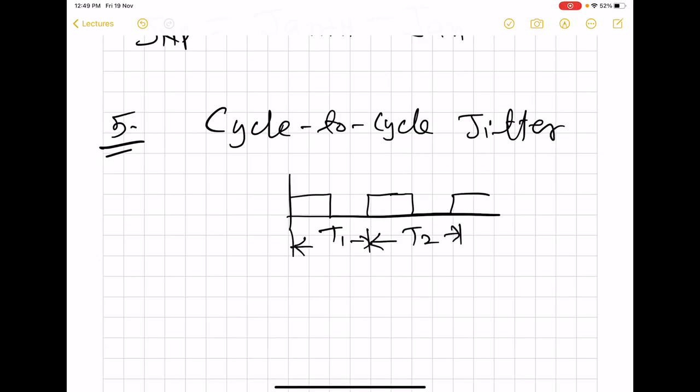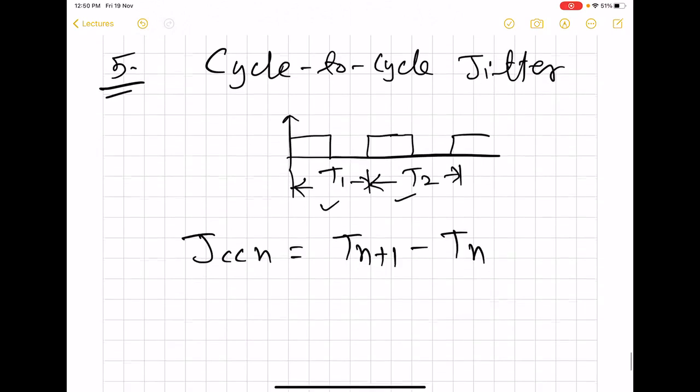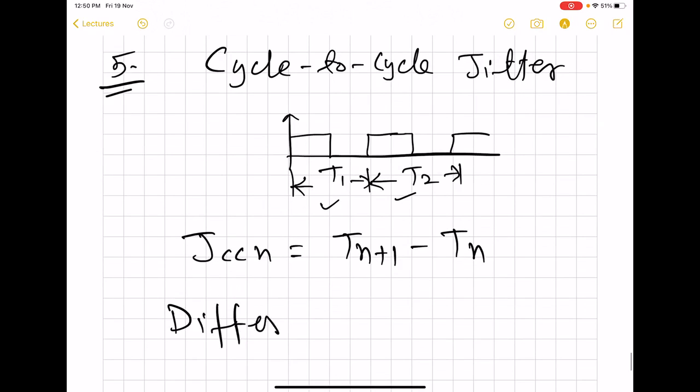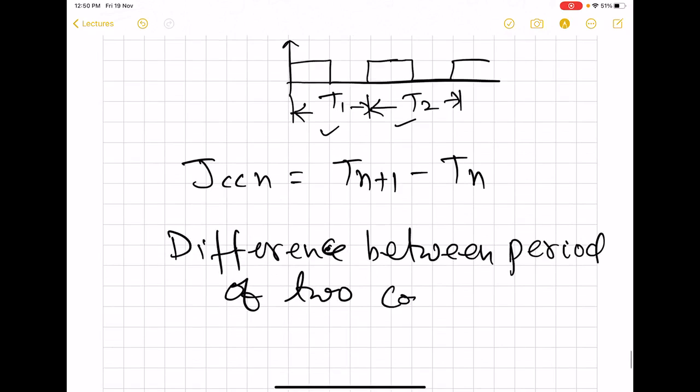So when we specify these non-idealities in terms of difference between these two, this is called cycle to cycle jitter. So this will be represented as, say we take n plus 1th period, and from it we subtract the period of the previous cycle. So this is difference between period of two consecutive cycles.